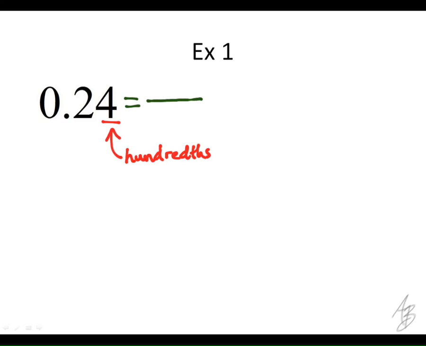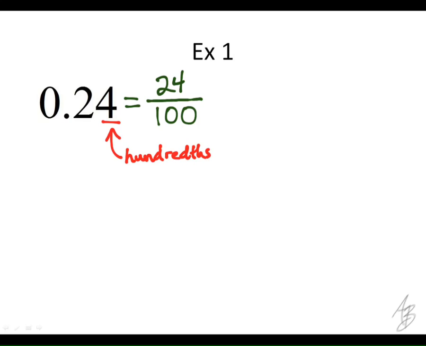When we put the decimal in the numerator, what are we going to get rid of? The 0 and the decimal point. So when we write the numerator, we get rid of this decimal point. So instead of putting 0.24 up here, we're going to put 24. And in the bottom, what are we going to get? 100. So we get 24 over 100.